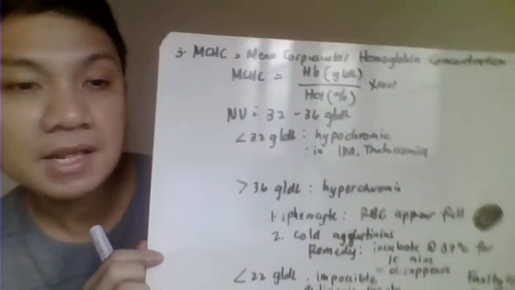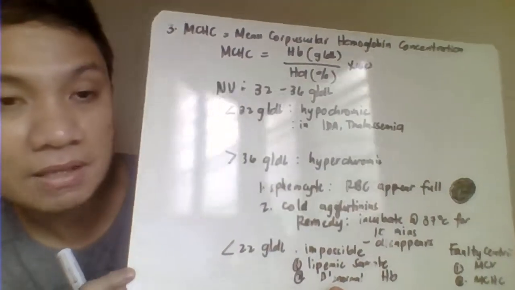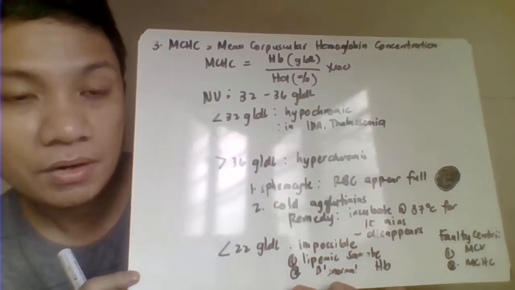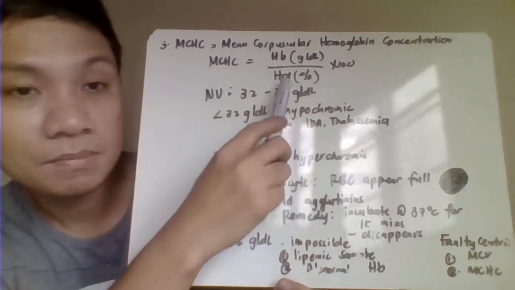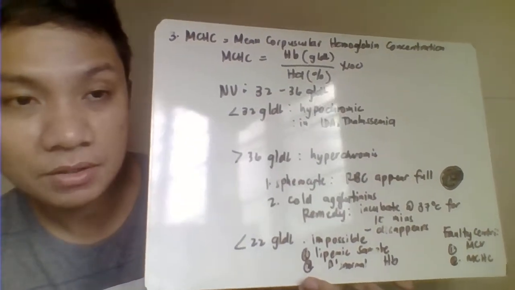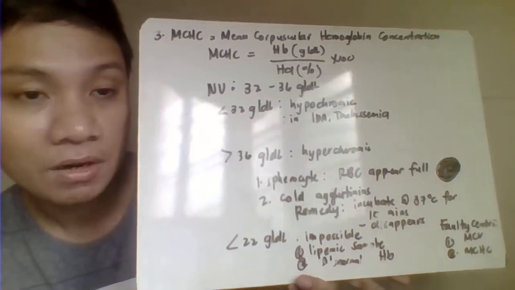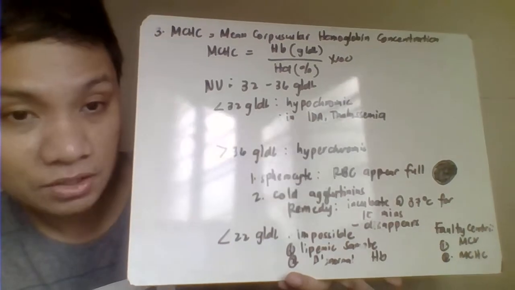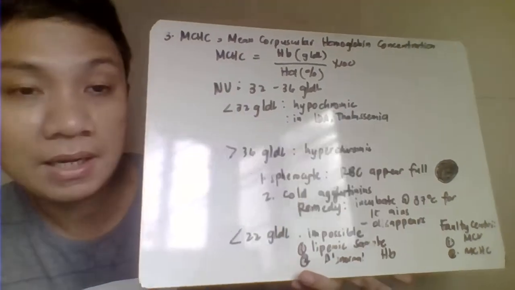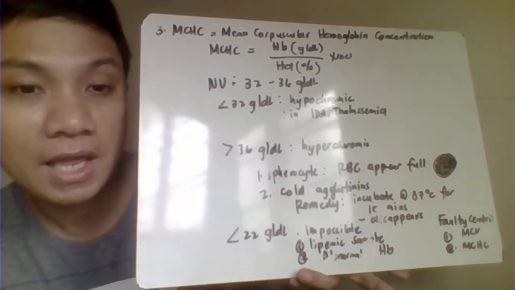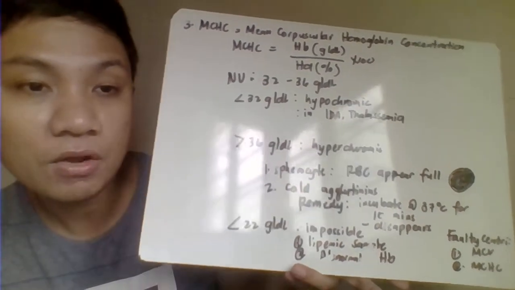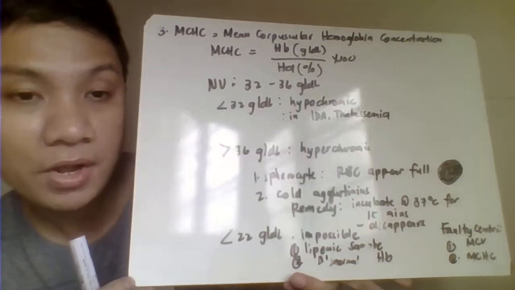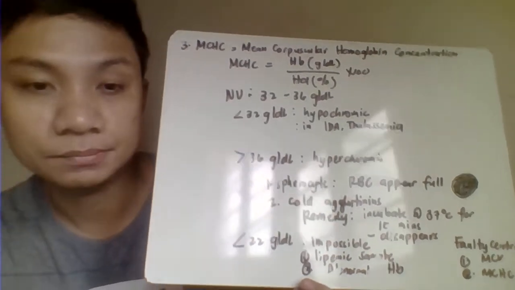The MCHC is also affected by the effectiveness of the centrifuge when you're doing the manual method because again, meron pa rin siyang hematocrit here. Because again, we are using a centrifuge for our hematocrit determination. And therefore, affected pa din ang ating MCHC with the faulty centrifuge if you are doing your manual procedure for your hematocrit determination.